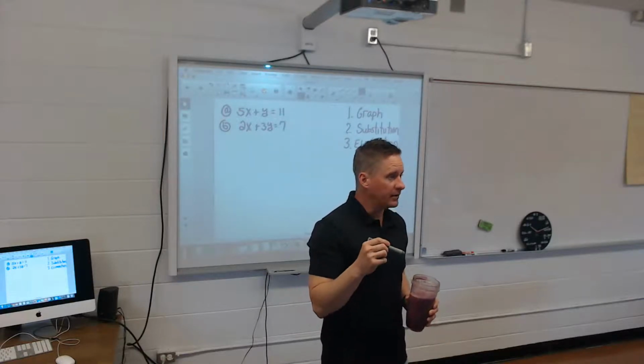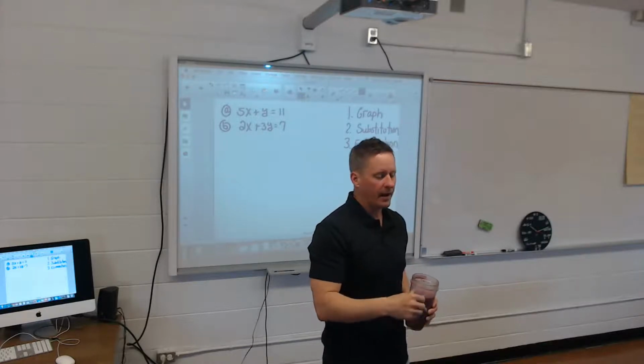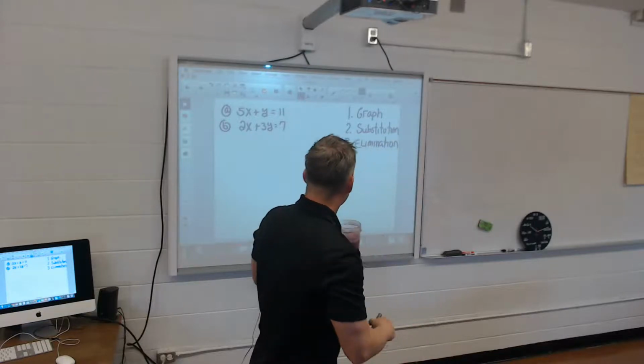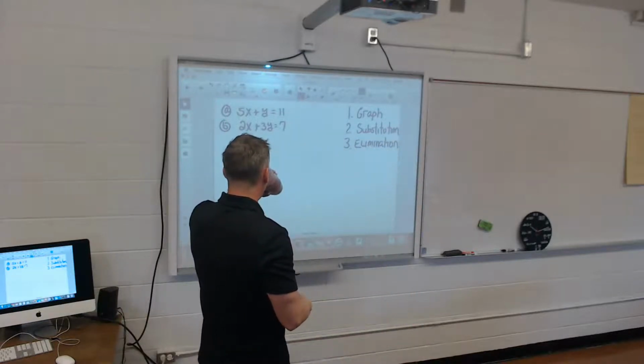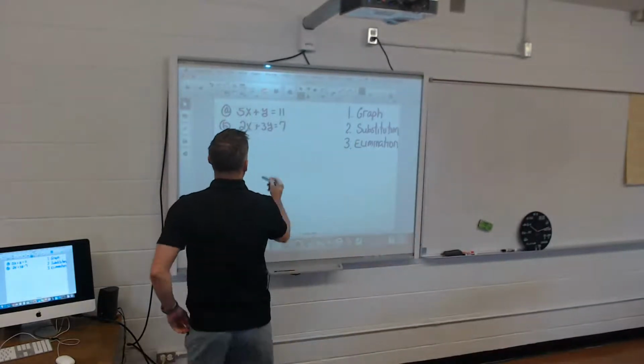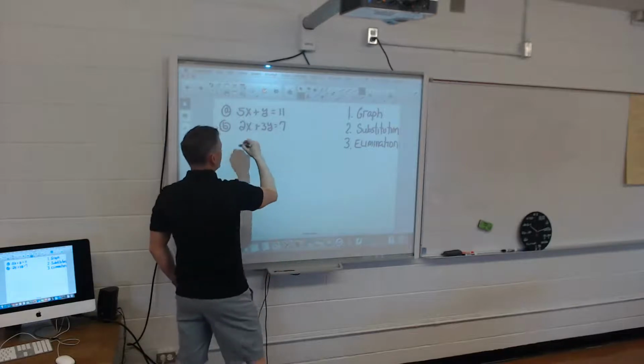And then we're going to solve for that one variable, and then we're going to substitute it into equation B. Okay, so this is what it looks like. In A, I see that there's a 1 in front of the y. So I'm going to work with it.